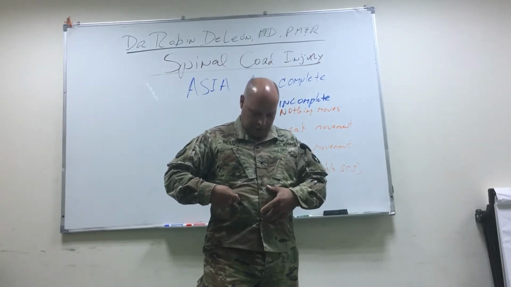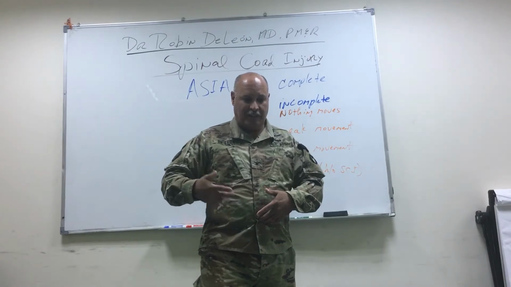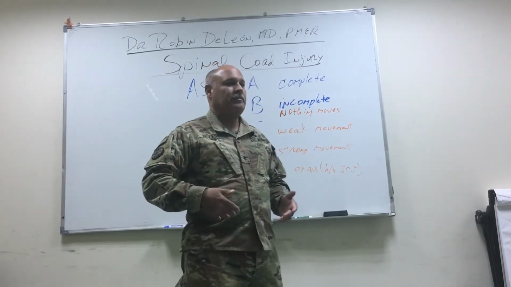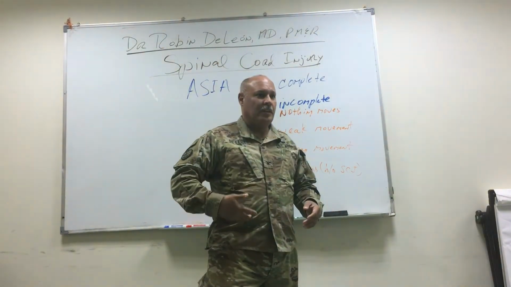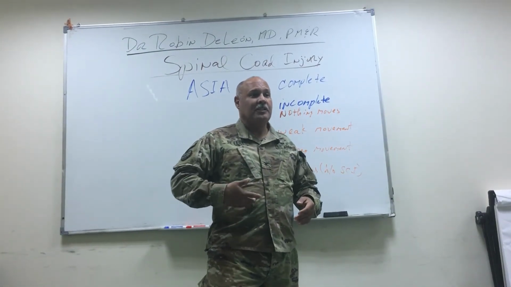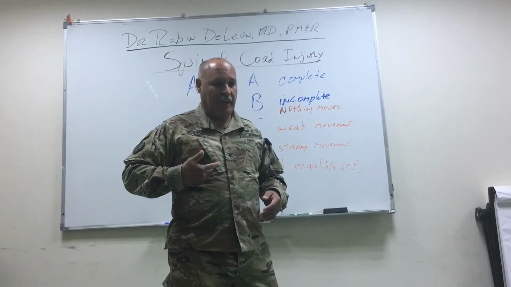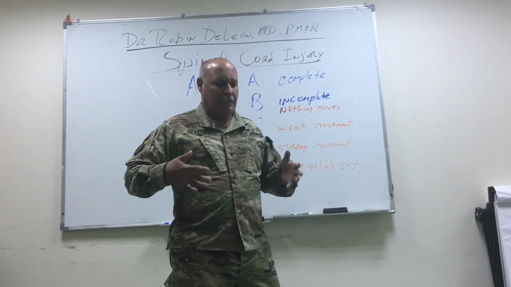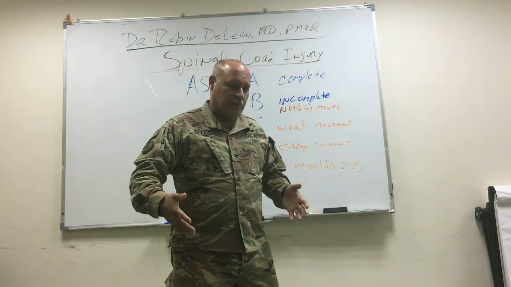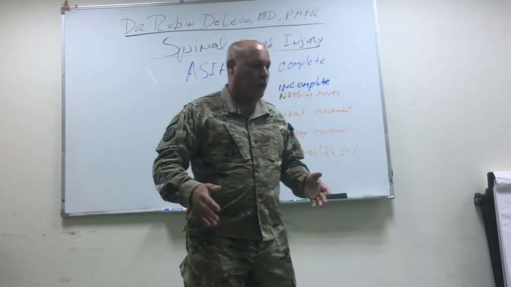Well, belly button's T10, that's T7, so that's about T8 level. You don't have to know that, just know below the rib cage on the right about an inch, that's when sensation stops. Between the rib cage and that spot, it's abnormal. That's what you're marking. You don't have to be too exact, just be in the ballpark.